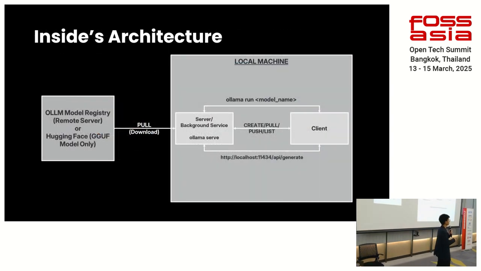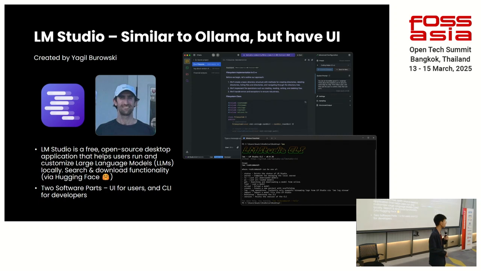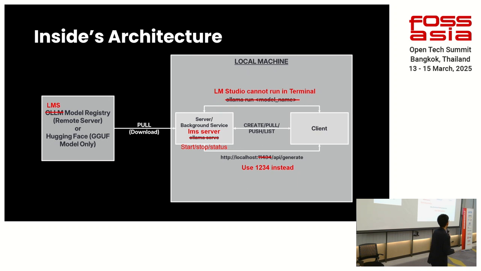And we can see the inside architecture: we can bring the model from a registry and also the marketplace, run it on a local machine, and deploy it in other apps. But LM Studio comes with a UI, right? Seamlessly, though, we can't run any models within the terminal or command shell.